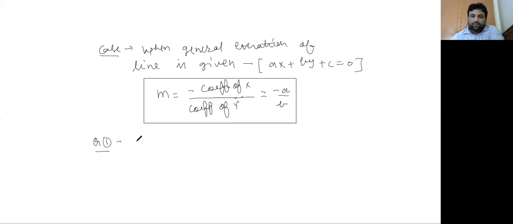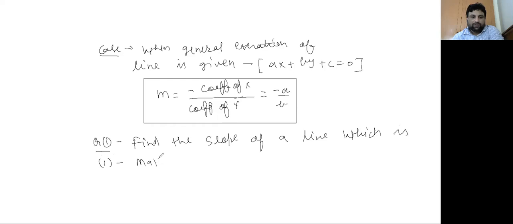Find the slope of a line which is making a 30-degree angle with the positive x-axis.